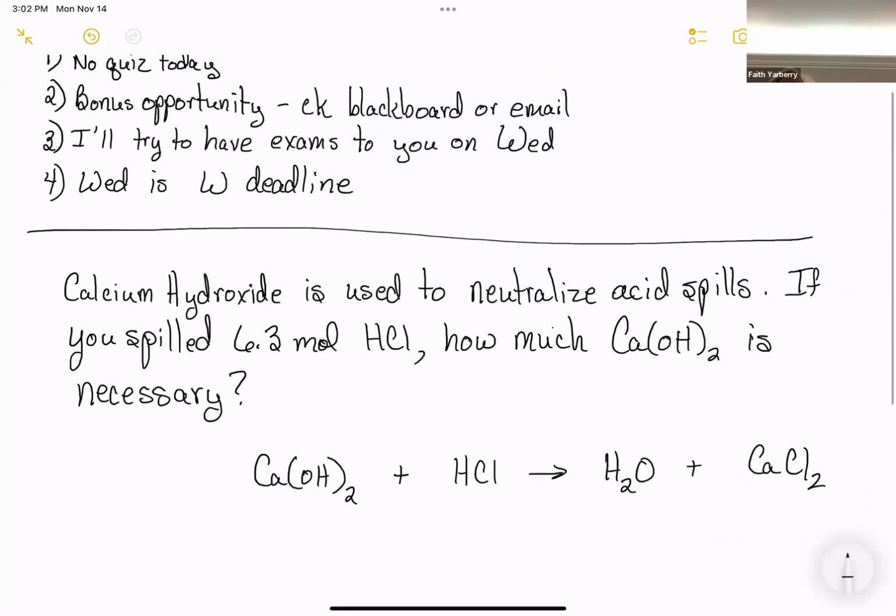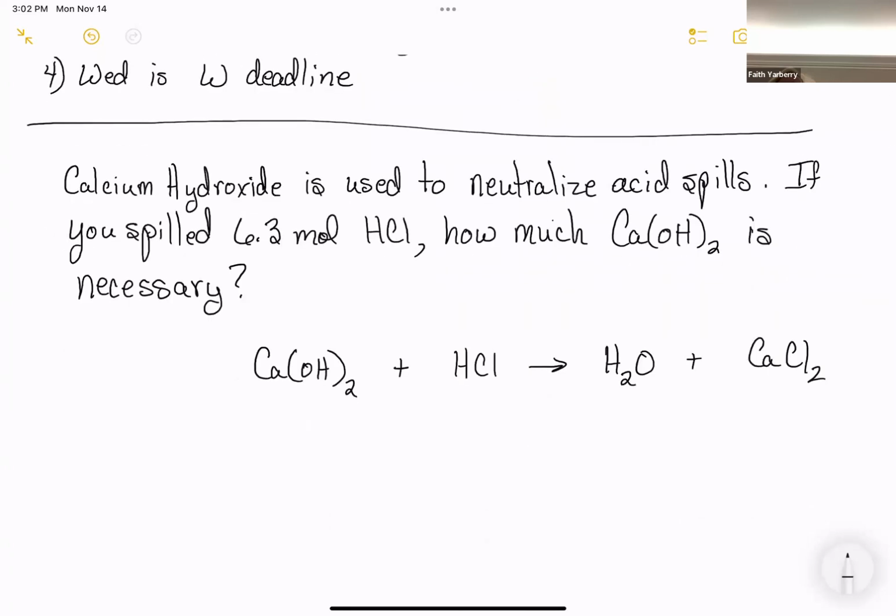So we have an example here. Calcium hydroxide is used to neutralize acid spills. If you spill 6.3 moles of hydrochloric acid, how much calcium hydroxide is necessary? I give you the chemical reaction: calcium hydroxide plus hydrochloric acid goes to make water and calcium chloride.